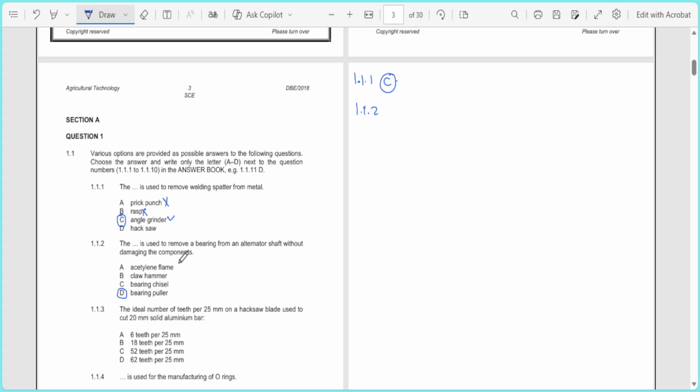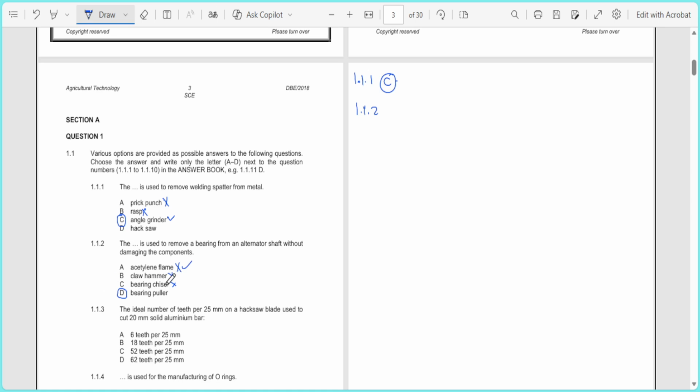Now, why are A, B, and C incorrect? First of all, an acetylene flame is not suitable for the job, because it could overheat and damage both the bearing and the shaft. So we cannot go for this one. What about B?